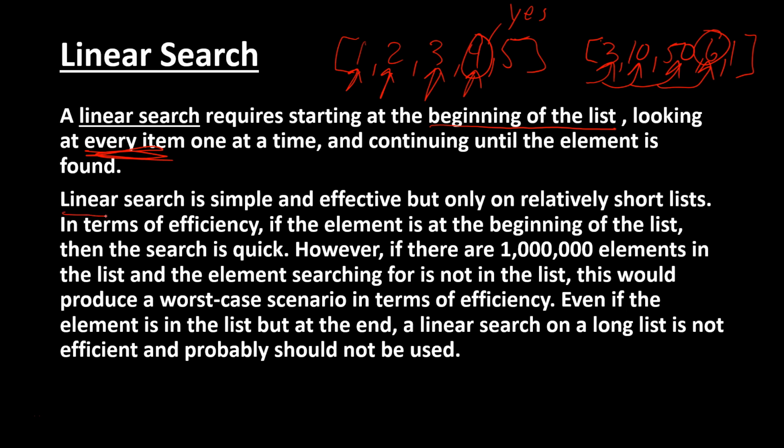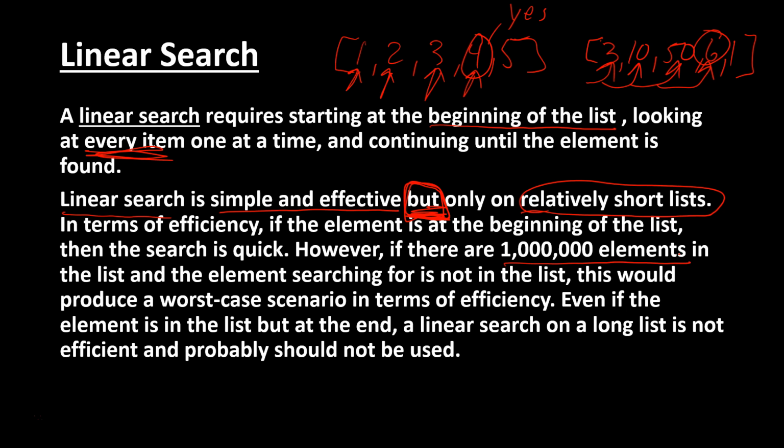So linear search is simple and effective, but, and a big but. So really this is only good to use on relatively short lists. Okay, so like the examples I showed you up there, that's easy to go through. However, what if you have 1,000,000 elements?